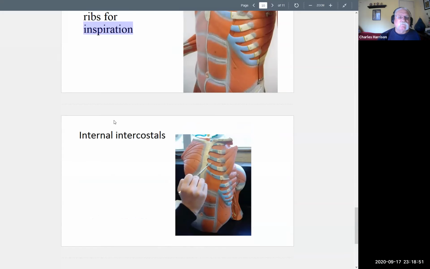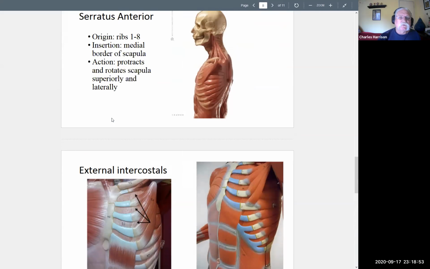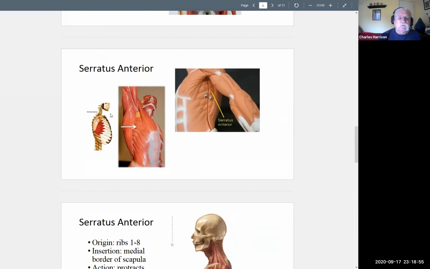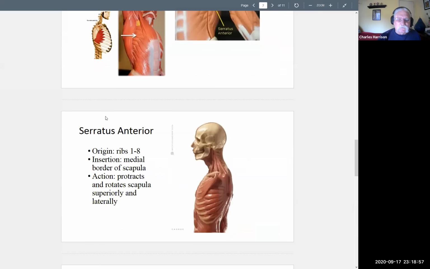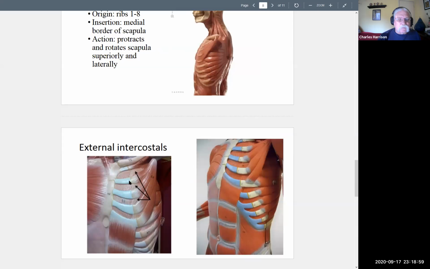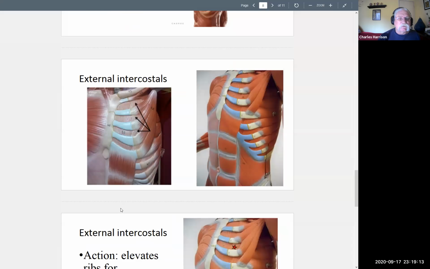Let me go back to the first. Okay, this one showed the external intercostals. The internal were here. The internal intercostals look bigger. They're probably not. About the same size.